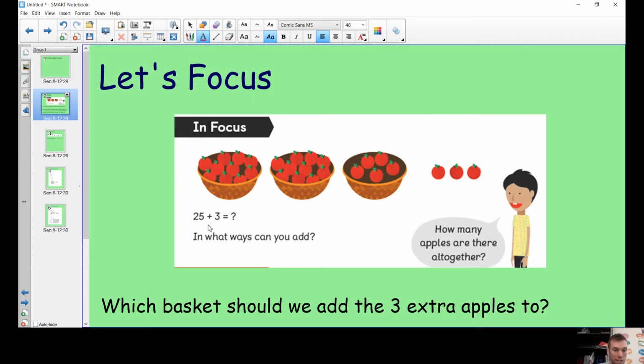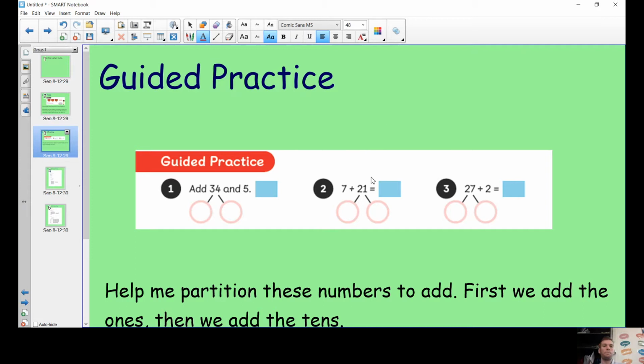This is what we call partitioning, and it means that we split up a number, we break up the number to make it easier to use. So I'm breaking up my 25 into the numbers 20 and 5, and then I can do a nice 5 add 3.